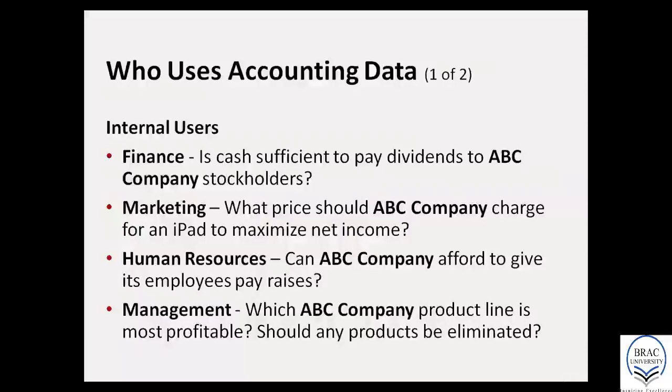Internal users are different departments inside the company, like finance, marketing, and human resource departments. The finance department looks at the accounting data to see if the company has enough cash to pay dividends to the company's stockholders. Stockholders are the owners of the company and dividends are the income of the stockholders.